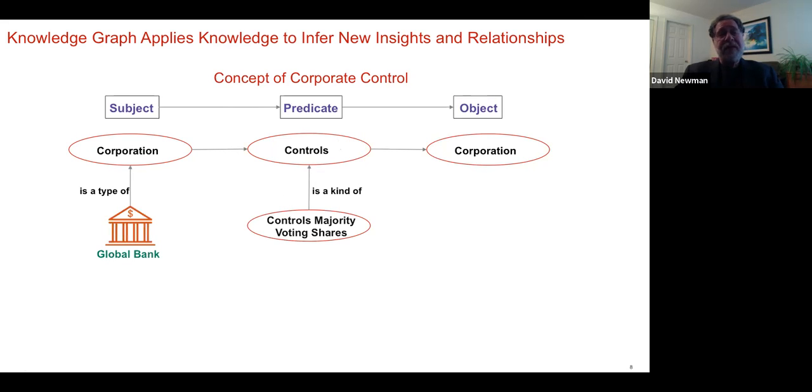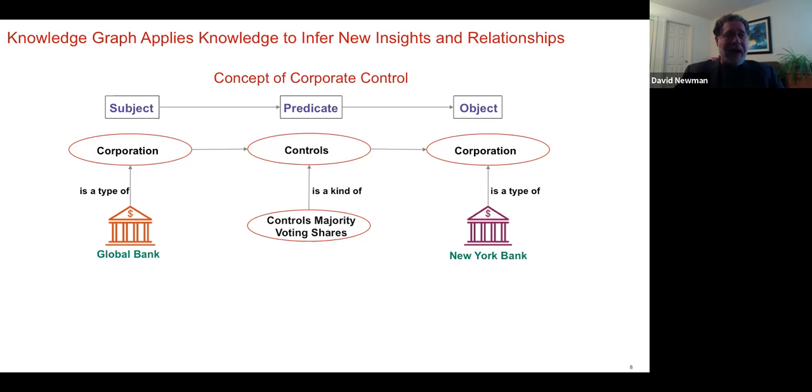And then we could introduce data and link it to the model, where we could say that global bank, a data assertion, is a type of a corporation, and New York Bank is a type of corporation. Now, once we've done this, and this is actually a significant leap because within knowledge graph, data and the metadata around it and the conceptual model around that can all be interlinked within the web.